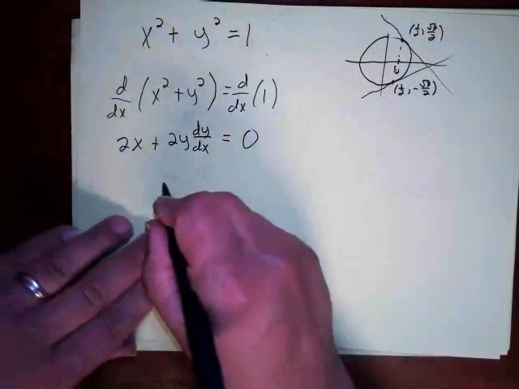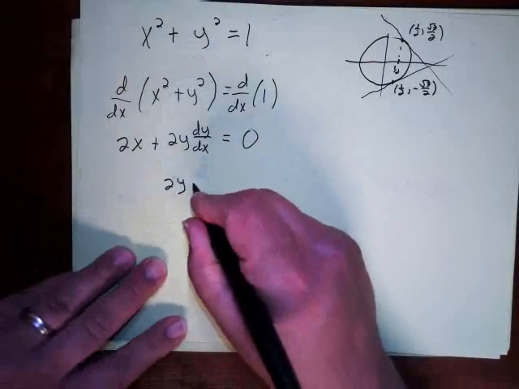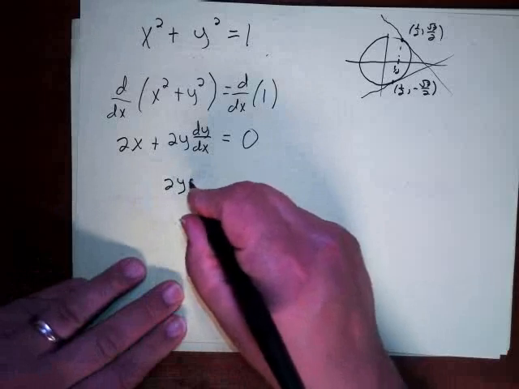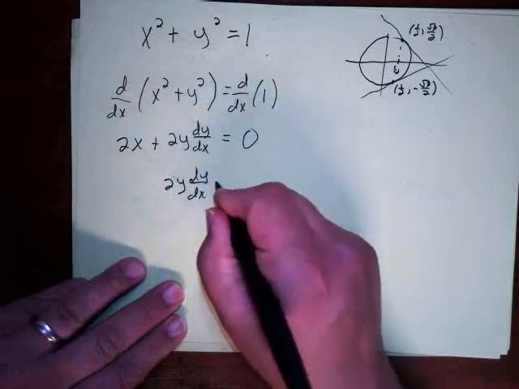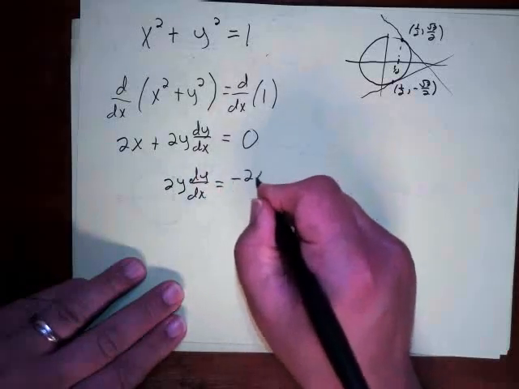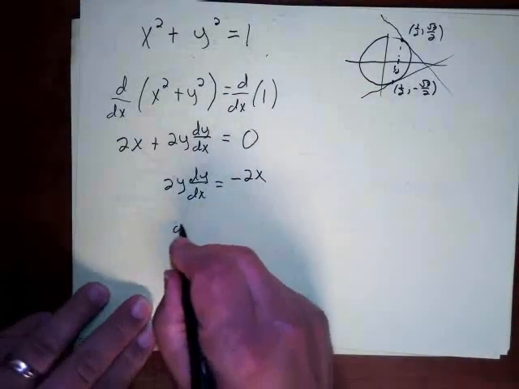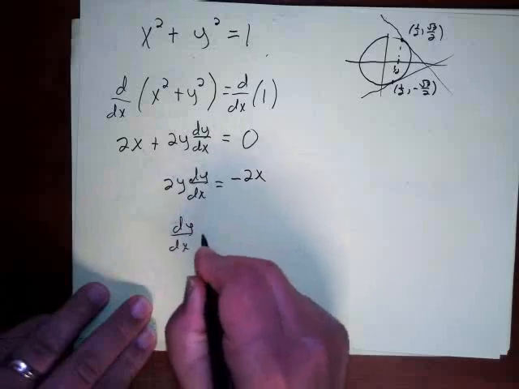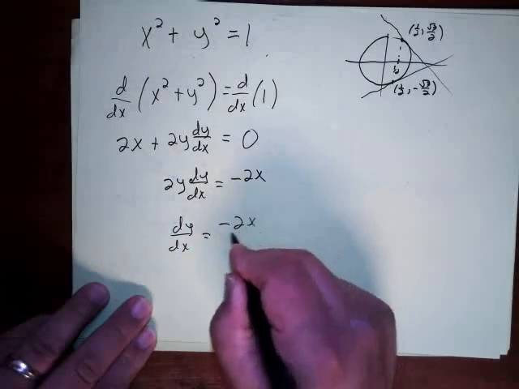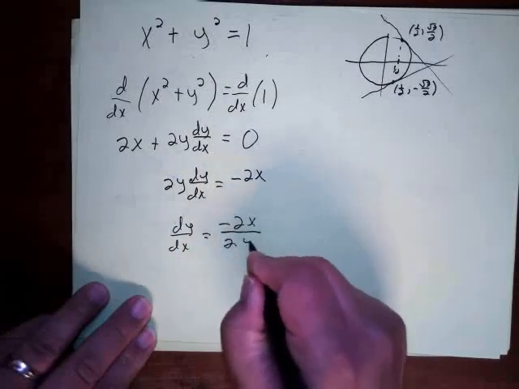So now I'm going to solve this expression for dy dx. I'll move this to the other side. 2y dy dx is equal to negative 2x. Okay, and then I divide both sides by 2y, and I get dy dx is equal to negative 2x over 2y.